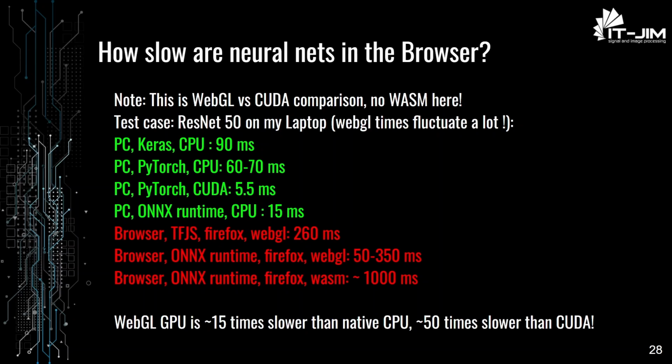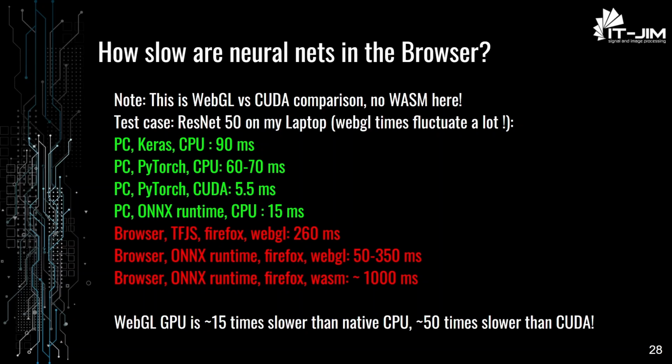So you can see WebGL supposedly uses GPU, but even with WebGL, the inference time of a neural network is much longer than you can get on your computer on CPU if you are using desktop, like, I don't know, just Python or something, not browser.